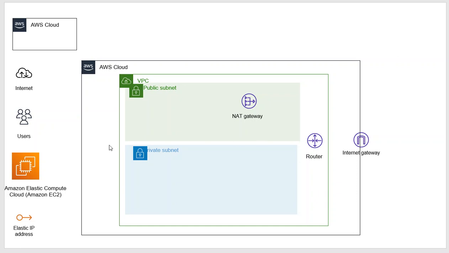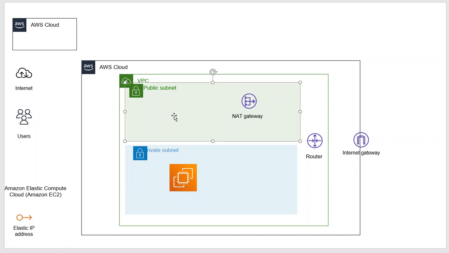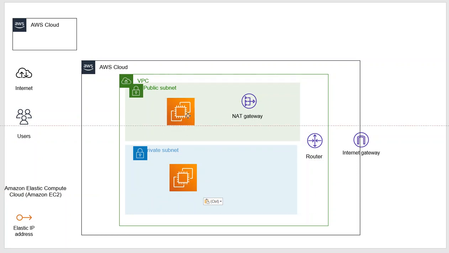Then you should have an EC2 instance. Let us say on the private subnet, I have an EC2 instance, and one more EC2 instance on the public side also.